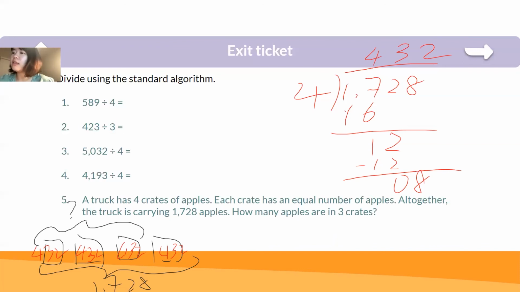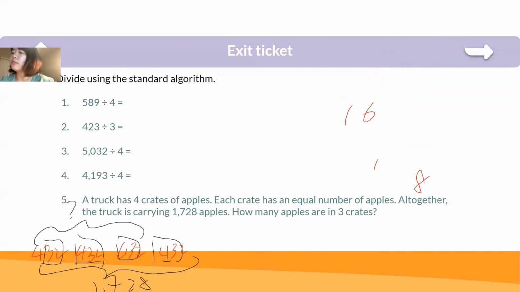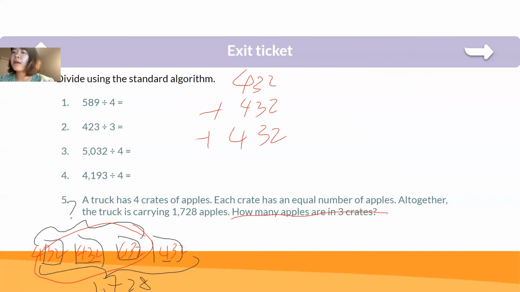Okay, and our question is looking for how many apples are in 3 crates. So we have to look for this. So you can either add them together or use this times 3.